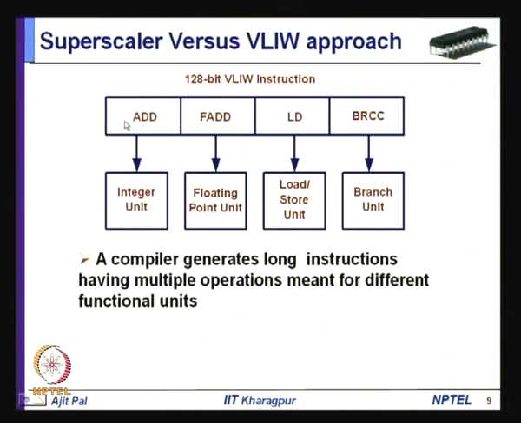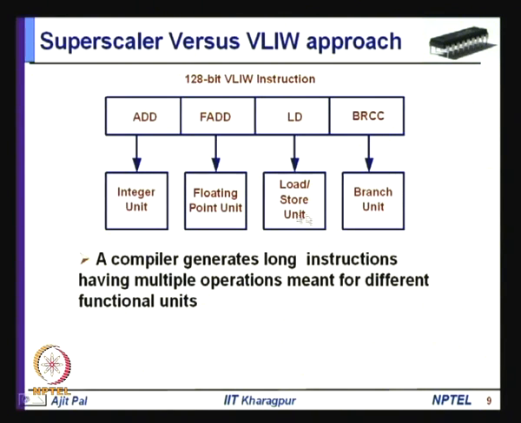So, you see each of these instructions will be fetched one after the other, and then they will be executed serially, and you can see the operation corresponding to this add is going to this integer unit, this floating point add operation code is going to the floating point unit, load operation code is going to the load store unit, and the BRCC, this branch conditional code, is going to the branch unit.